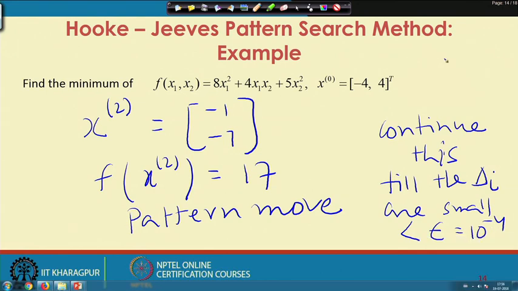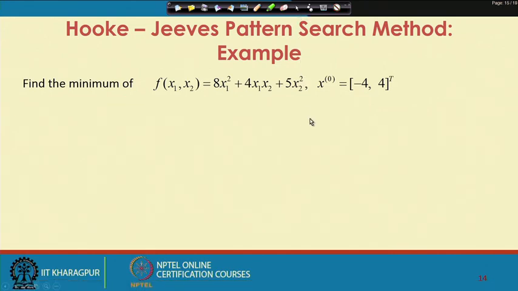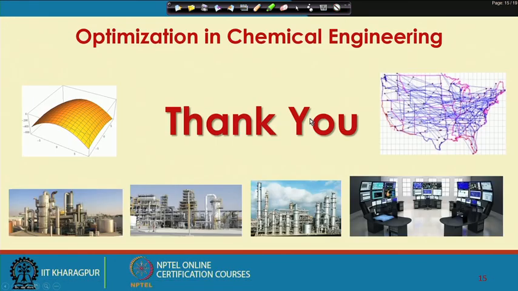The final solution is 0, 0, and you will see that as we approach 0, 0, the step sizes will be very small and will terminate. With this, we will stop the Hooke-Jeeves pattern search method.